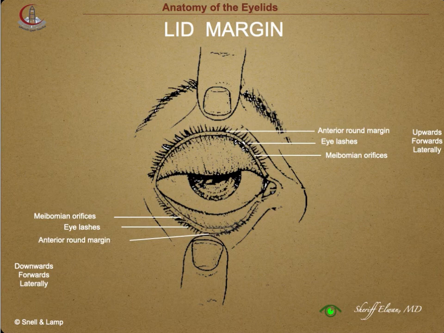And then you can find the openings of the meibomian glands, that is, the meibomian orifices, and finally the posterior sharp margin, which is like a car windscreen wiper going up and down, resurfacing the ocular surface, the cornea in particular, to keep it healthy and nice.